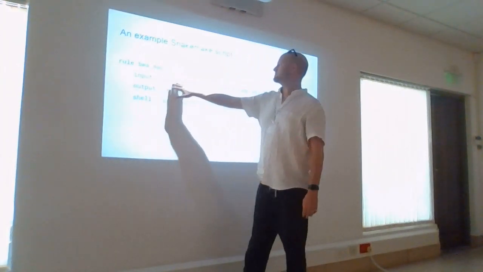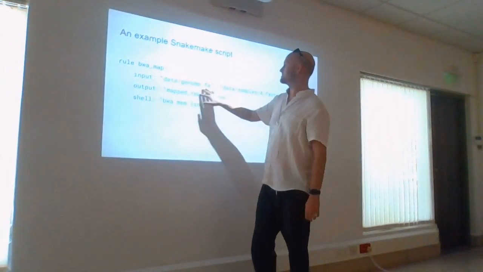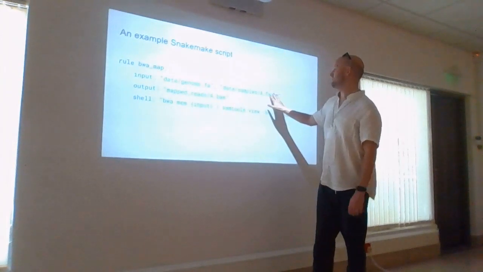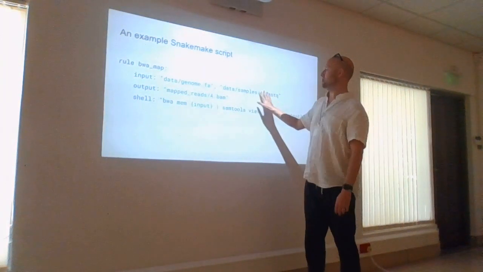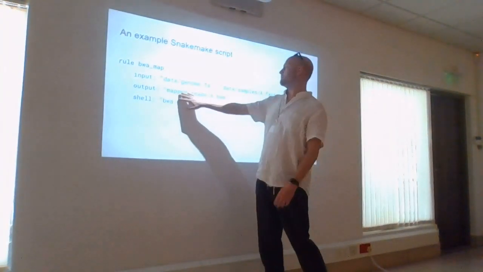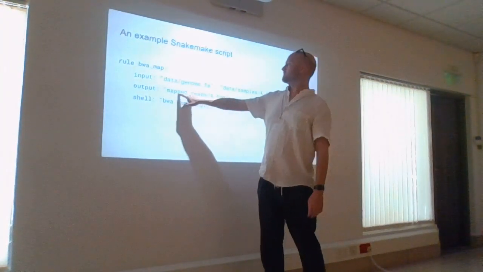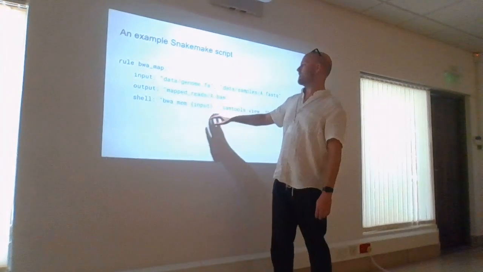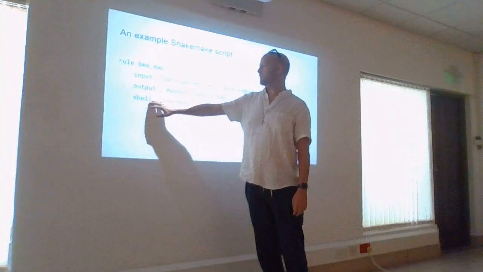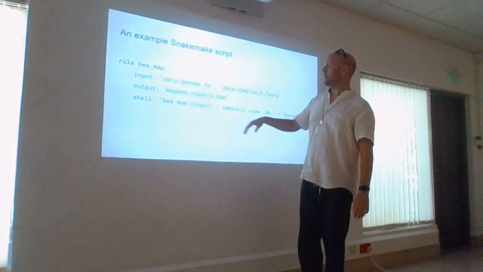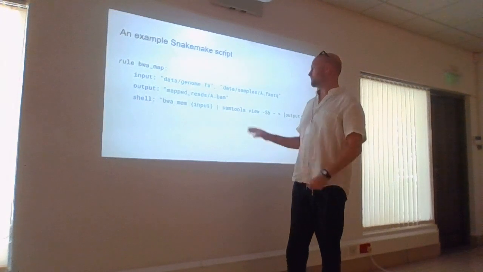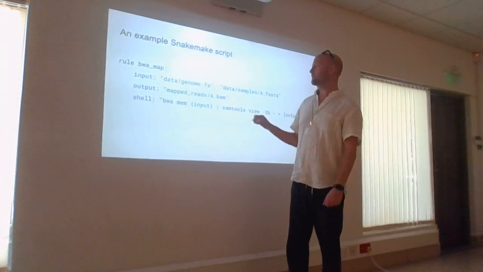The input is a pair of strings in this case, one specifying a reference genome and the other specifying a FASTQ. Then we tell it our output is going to be a BAM file, again just a string that points to a file. And then the shell, this is how we specify the actual process we're going to be doing. This is more or less the equivalent of what you would type on the command line, with a few formatting differences.